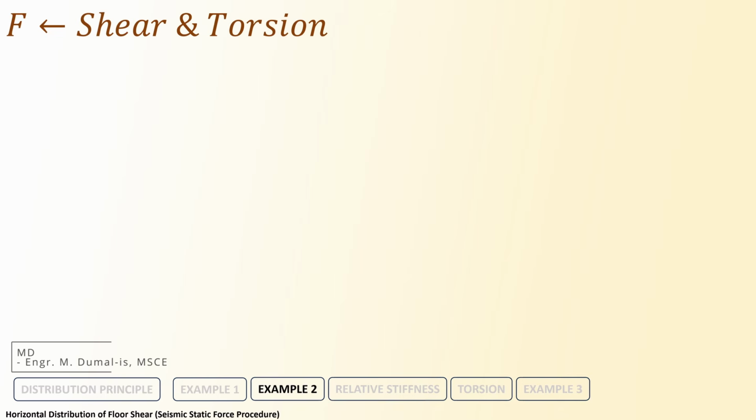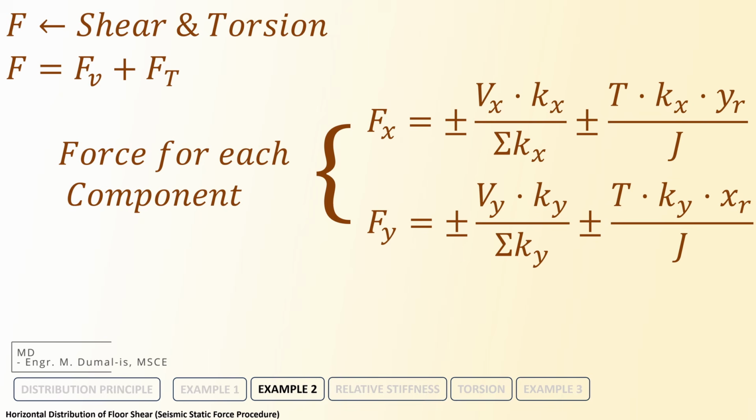Alright, let's talk about how torsion changes the game here. Unlike example 1, where we only split shear forces based on stiffness, now we're dealing with two effects: direct shear and torsion. The total force on an element becomes a combination of both. Let's break it down. The torsional force formula, Ft, is T times K times R divided by J. Here, T is the torsional moment, force times eccentricity, and K is the element's stiffness.